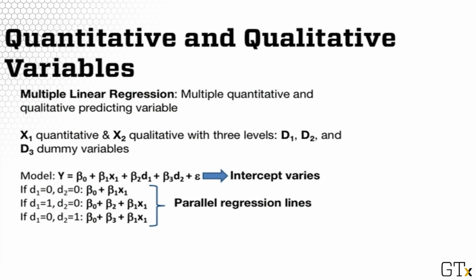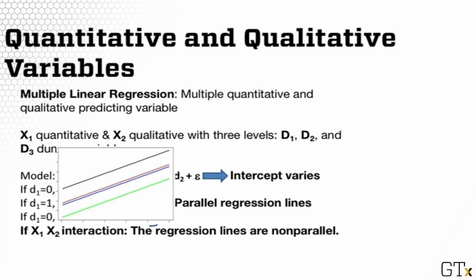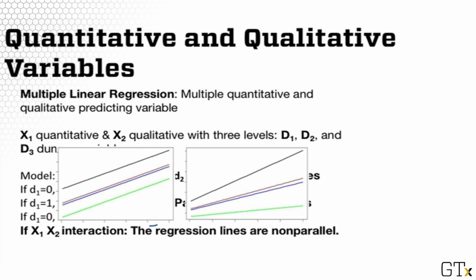If d2 is equal to 1, then the intercept is beta 0 plus beta 3. So what we obtain are parallel regression lines. As we discussed in the previous slide, if we include the interaction term between the quantitative variable and the qualitative variables, the regression lines are non-parallel, as shown in this figure.